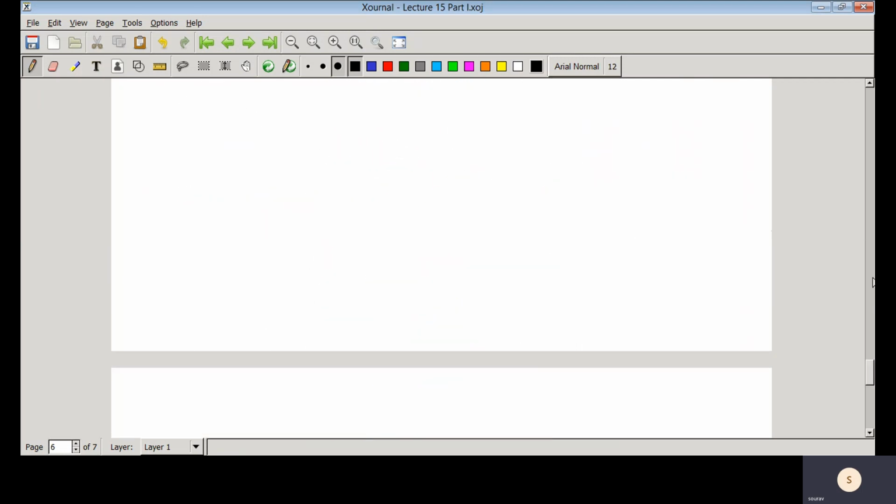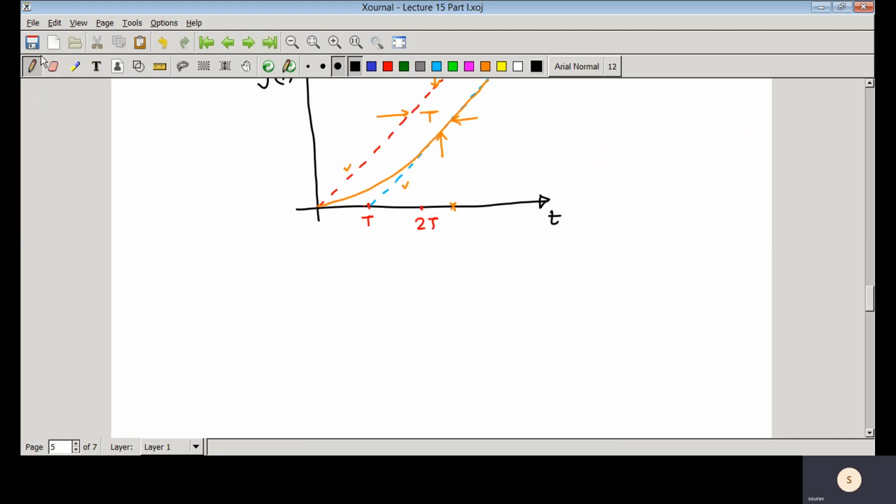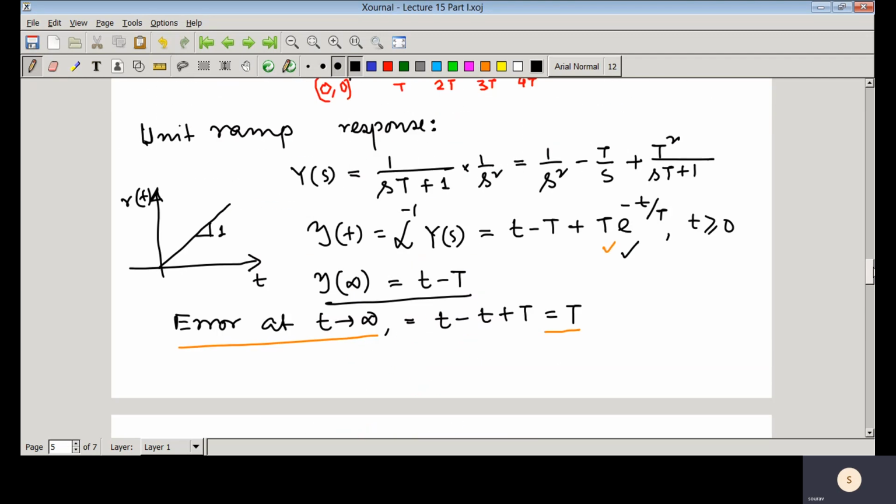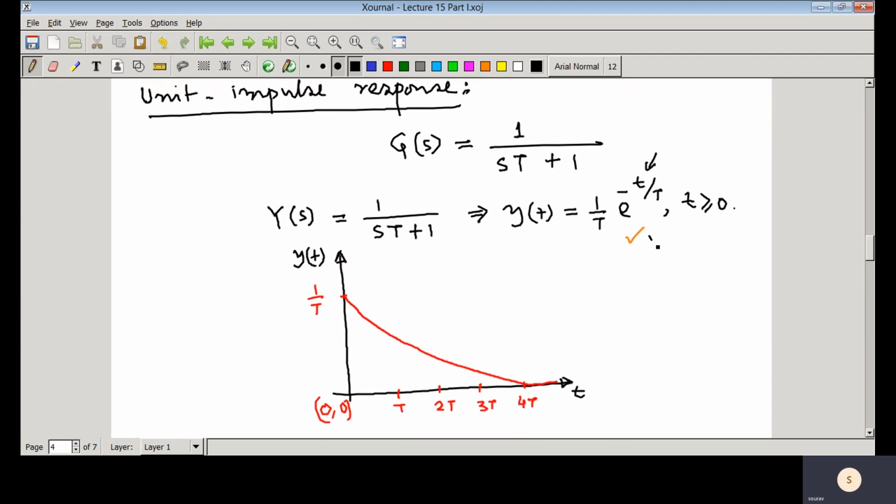So now if we write those expressions here, for unit impulse, y(t) equals (1/T) e^(-t/T). We have seen it here, that unit impulse, this one.